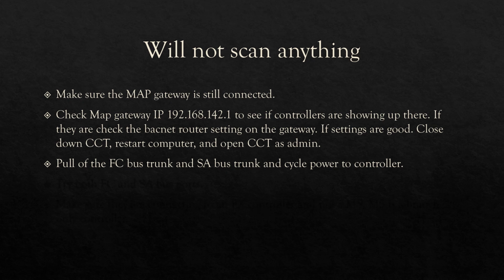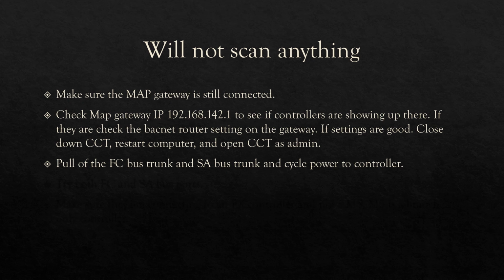If that still doesn't work, pull off the FC bus and the SA bus trunks, right? Take the controller offline. Maybe there's some bad interference on the line that's causing the controller to go down. Maybe the stat's miswired. I've seen a miswired stat cause issues in the controller.